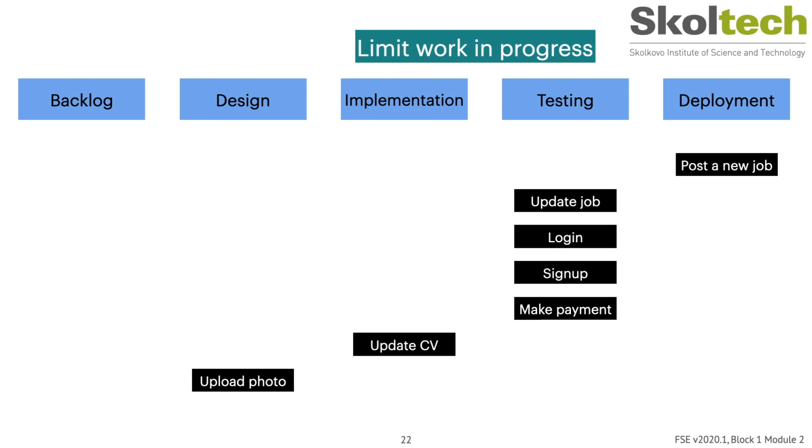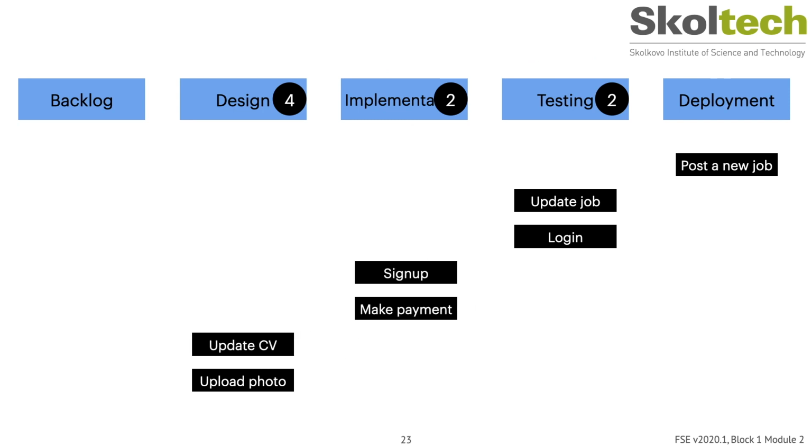For example, you can test 2 items simultaneously at maximum. If you apply the second principle, then you may end up having a dashboard that looks like this. If the team is strictly following the limit work in progress principle, the situation wouldn't happen.